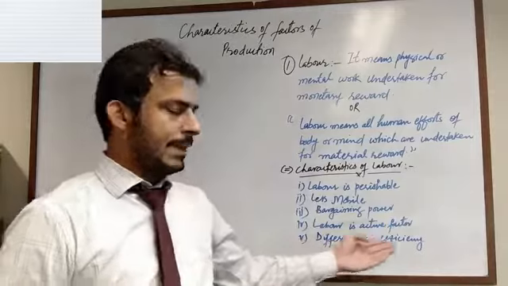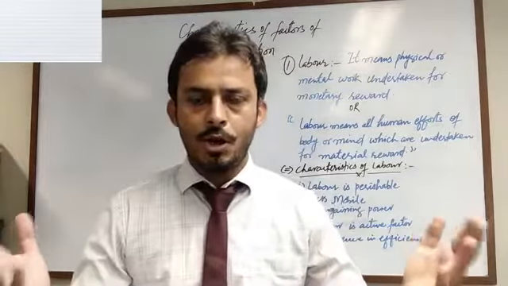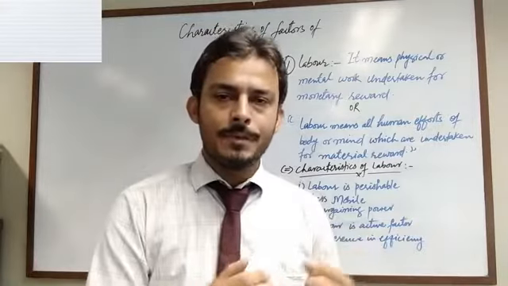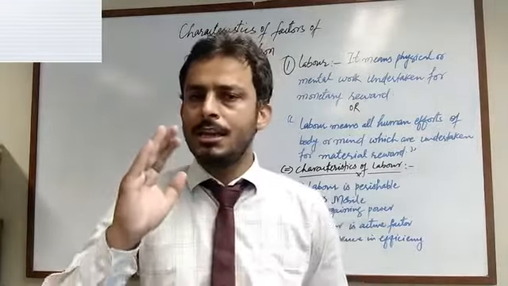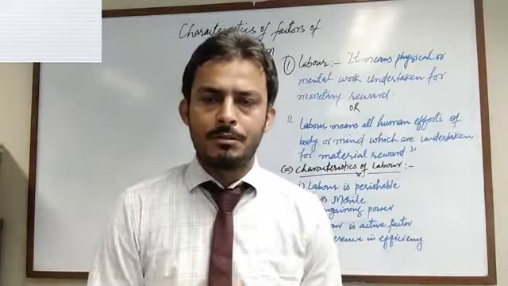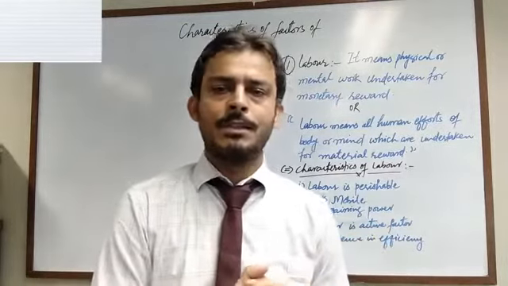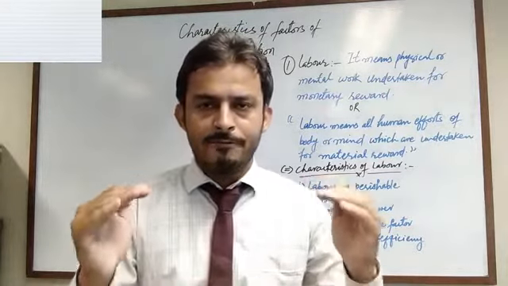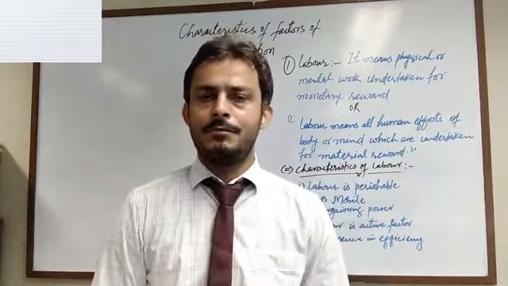The fifth one is difference in efficiency. As we know, all human beings are different. Few are very competent and efficient, others might be mediocre, and others might not be that skilled and efficient. So every individual's abilities and efficiency are different.